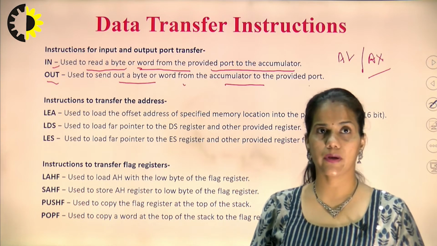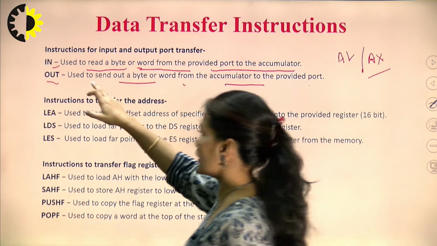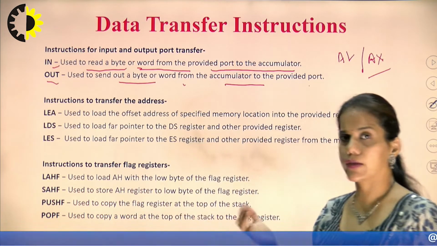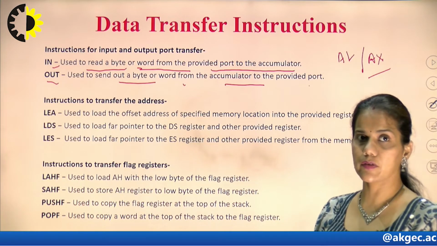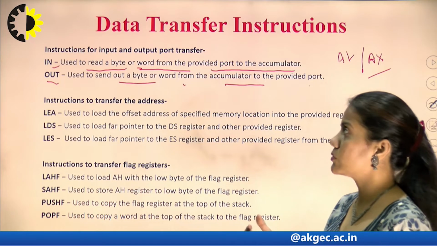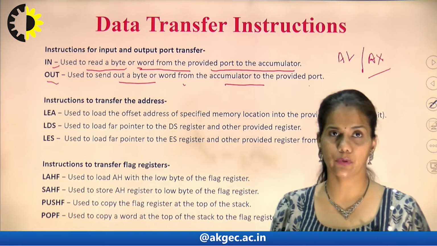The port address will be mentioned in the operands. The IN instruction is used to get the input from the port address into the accumulator, and the OUT instruction is used to send the byte or word from the accumulator to the port address mentioned in the operand.